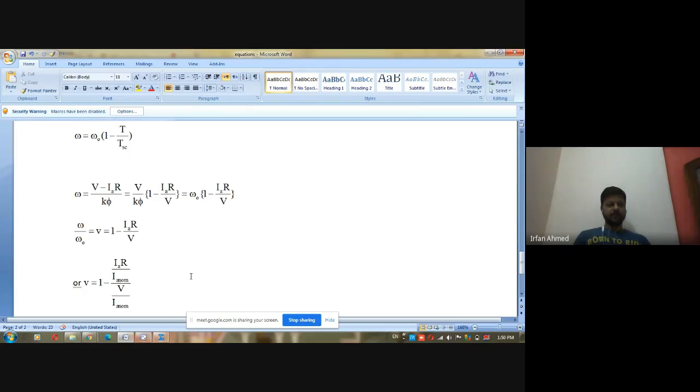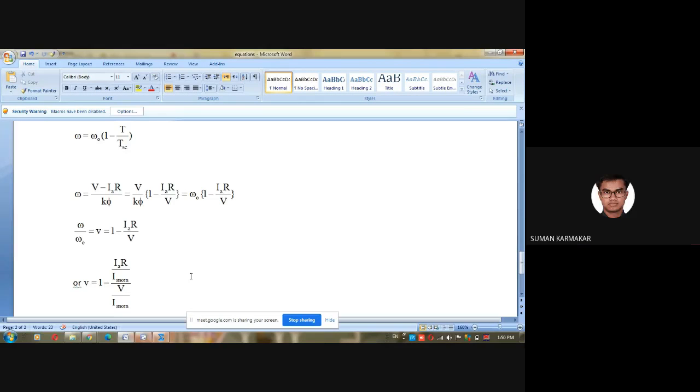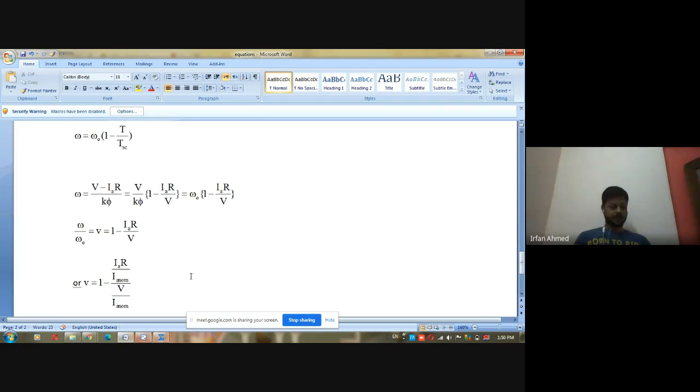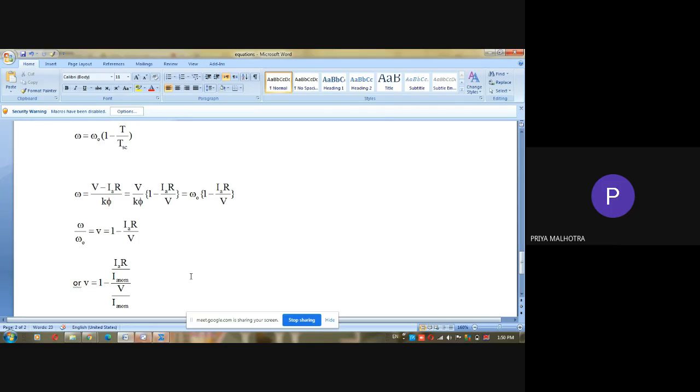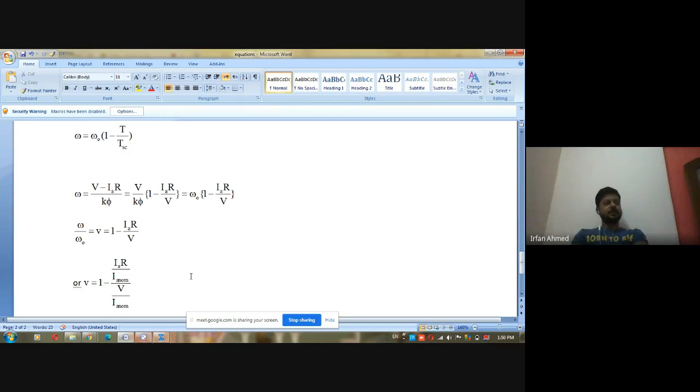What is V upon IA nominal? R nominal. Nominal means the input current is this much and the voltage is this. It is the nominal armature resistance, which in simple terms we call the base resistance.